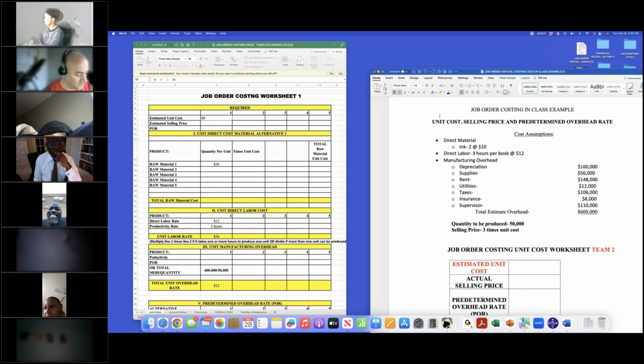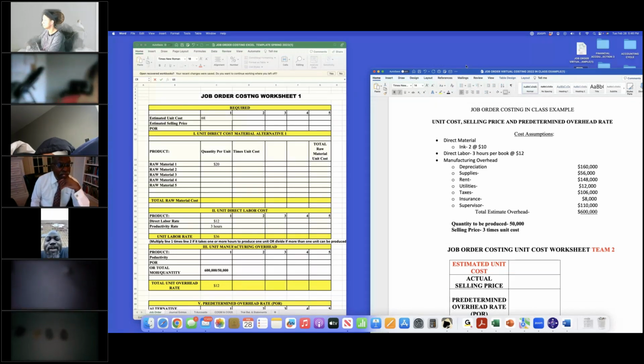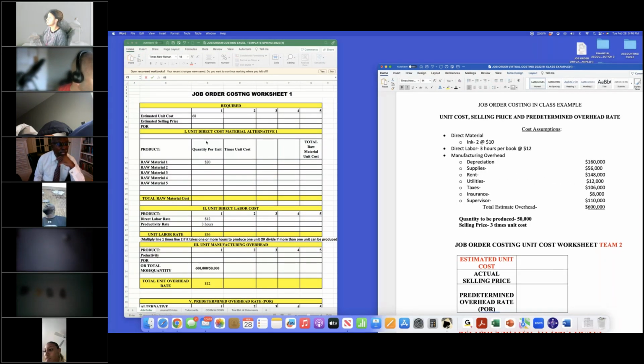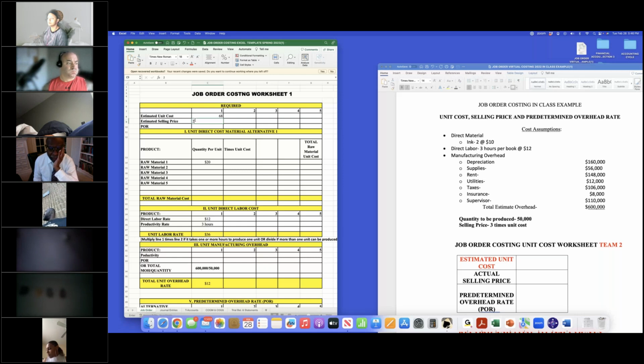So it'll be 68 times 3. When we have that multiple of 3, we're going to multiply it by 3. And so what's our selling price going to be? 204. And of course, when we sell this product, we're going to go with that 204 as our selling price.